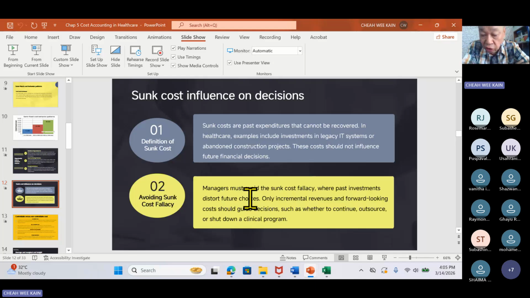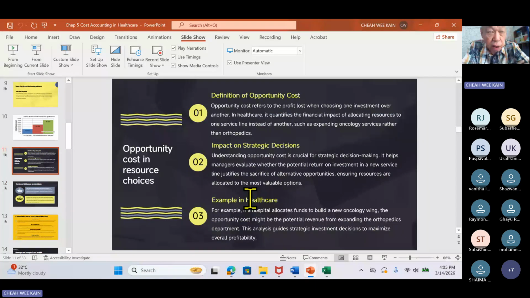That's what I mean by sunk cost, because it's already gone, sunk already. Money you spent in the past, you cannot recover. Opportunity cost is entirely different from sunk cost. Opportunity cost is, if I don't spend here, I can spend in another place in the future. Sunk cost, you already spent, you cannot do anything.